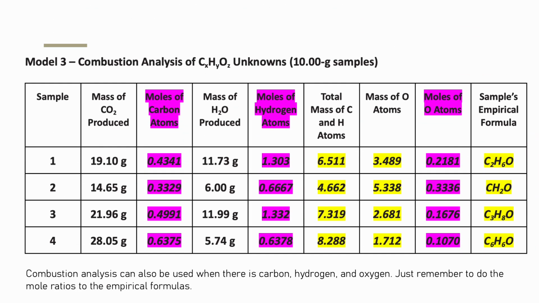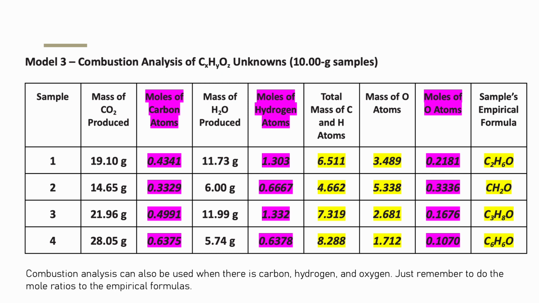Holy cow, what in the world is this? Well, you can do combustion analysis with things that have carbon, hydrogen, and oxygen. So in this case, they have the moles of carbon atoms, they have the moles of hydrogen atoms found the exact same way we did before. And then they do a little bit of math. There's a little bit of subtracting involved and whatnot, but ultimately you can get moles of oxygen atoms.